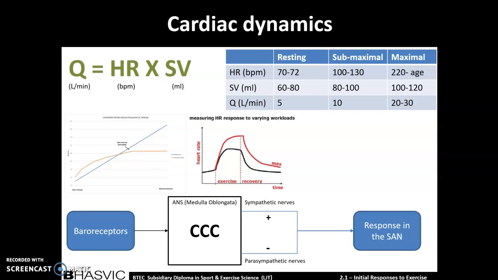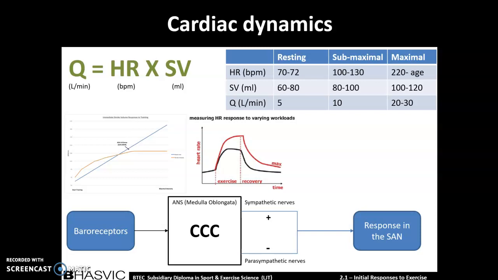Oppositely, if there's a low blood pressure, the CCC would send impulses down the sympathetic nerves, which also travels to the SAN, but this time causes the SAN to respond quicker, so causes the heart rate to increase, and also the stroke volume to increase.